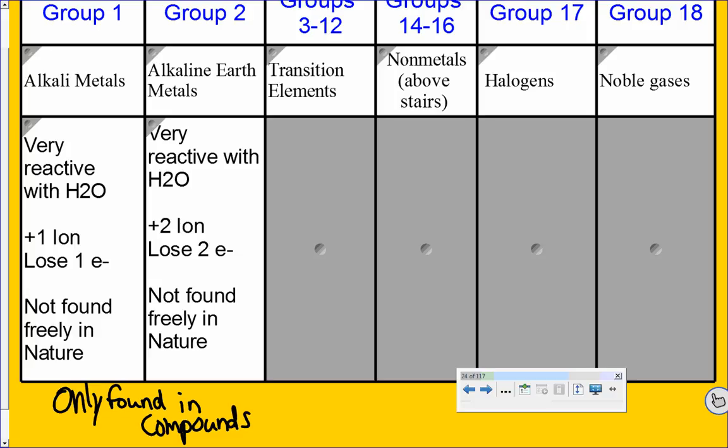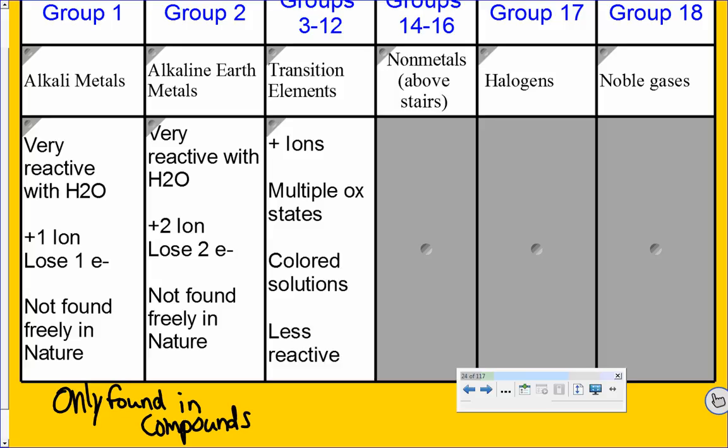The metals that we're more used to thinking about as metals, things like iron, chromium, things that we make stuff out of, nickel, copper, silver, gold, are all considered transition elements. They form positive ions. Many of them have multiple oxidation states. The need-to-know fact about these is that they form colored solutions.